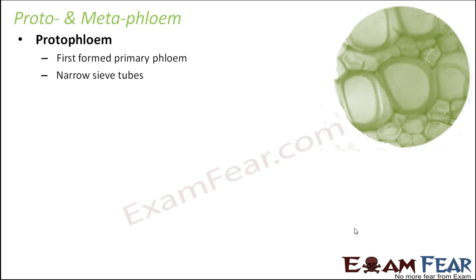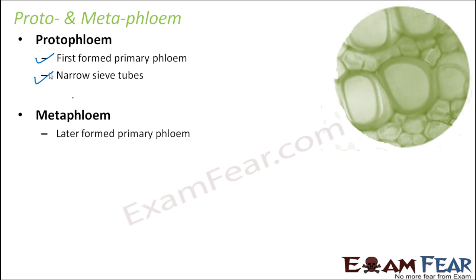In xylem they had a narrow lumen. Now here they will have a narrow sieve tube, because the sieve tube is the most important element when we talk about phloem. So the sieve tubes are going to be narrower, similar to what we spoke about in case of xylem. The next is metaphloem. It is the later formed primary phloem, and they have got bigger sieve tubes or wider sieve tubes. So that is your protophloem and metaphloem.